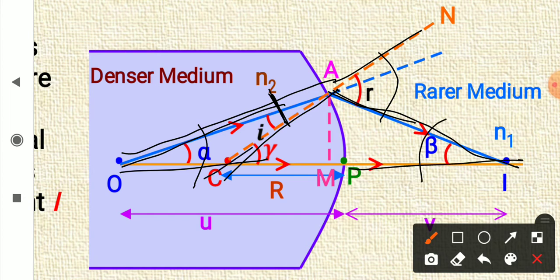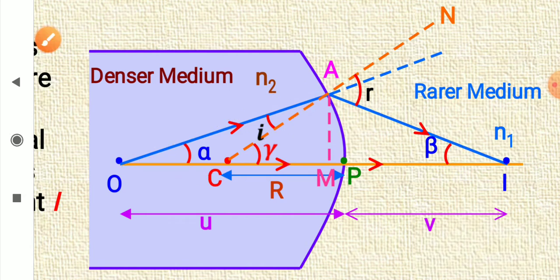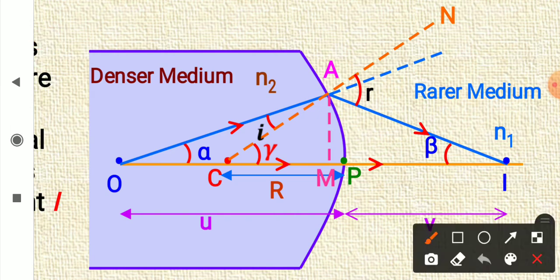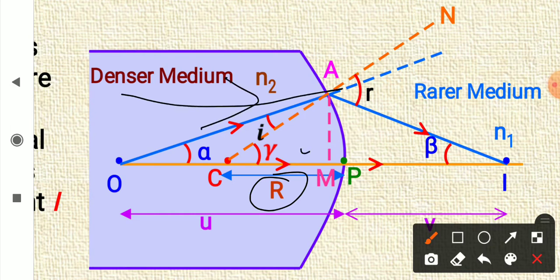The angle between the normal and the principal axis is gamma. So taking all the same assumptions, we can derive relations here also, and you can see that here the radius of curvature PC is R, the direction of the incident ray is this one, so here R is negative.